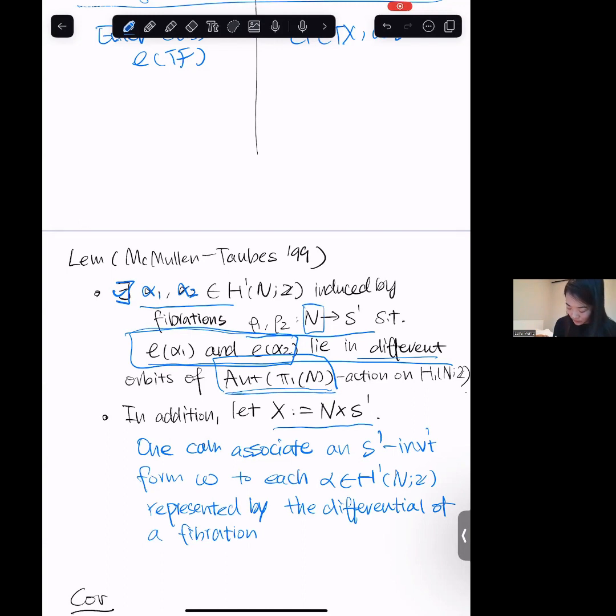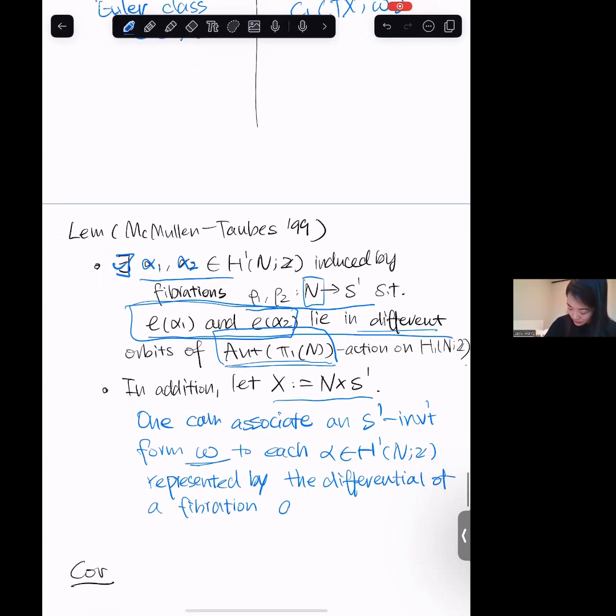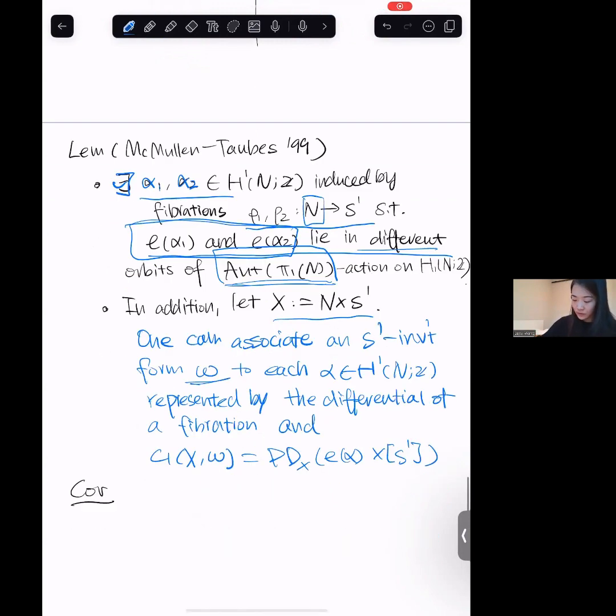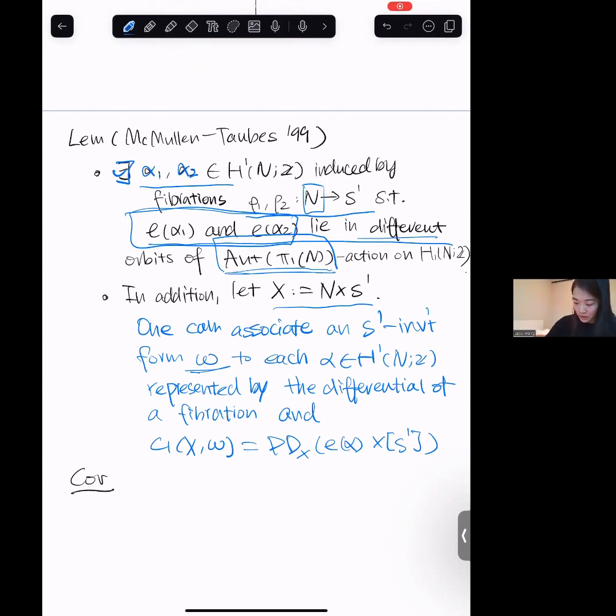And you can write down the C1 of this omega explicitly using this Euler class of the fibration. So this is a 3D, this is a 4D statement.